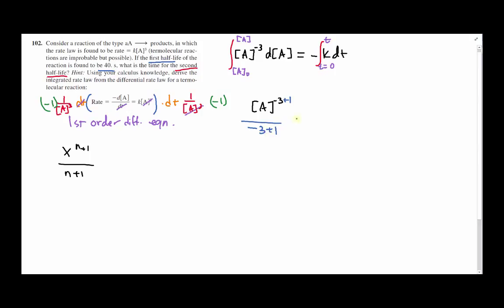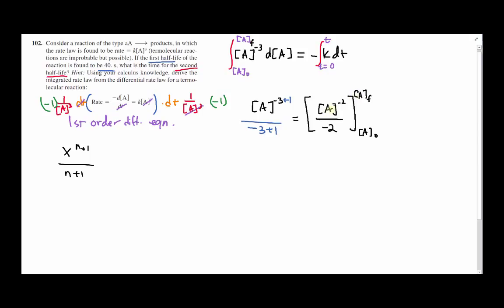On the denominator, I'm sorry. So this is what we get. But since we have upper and lower limits, we have to evaluate this accordingly. Actually, I'll put F here just so that you don't get confused with our general A here.